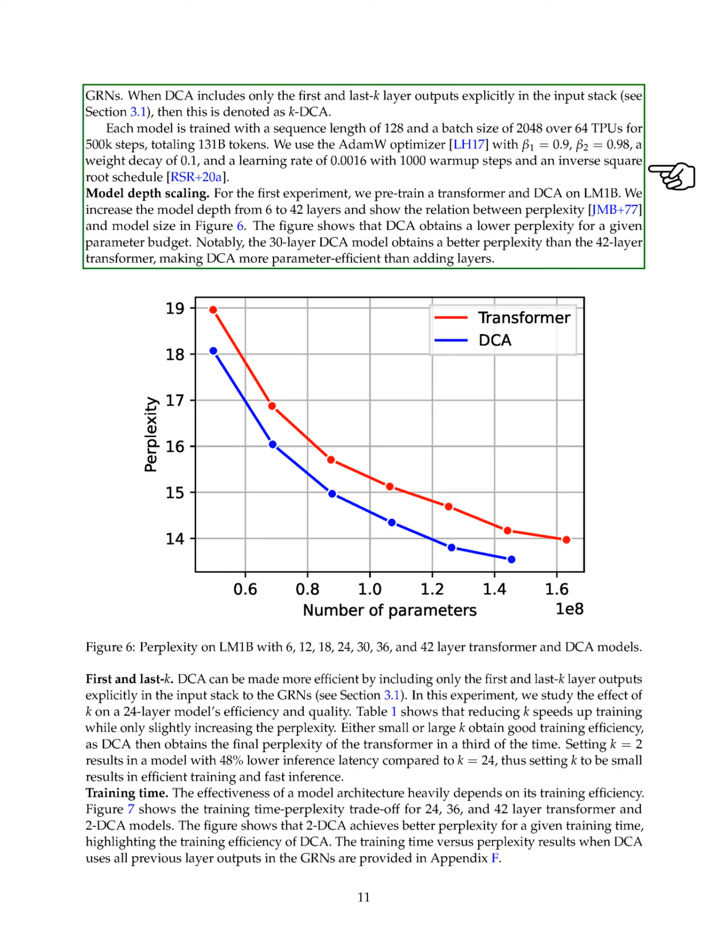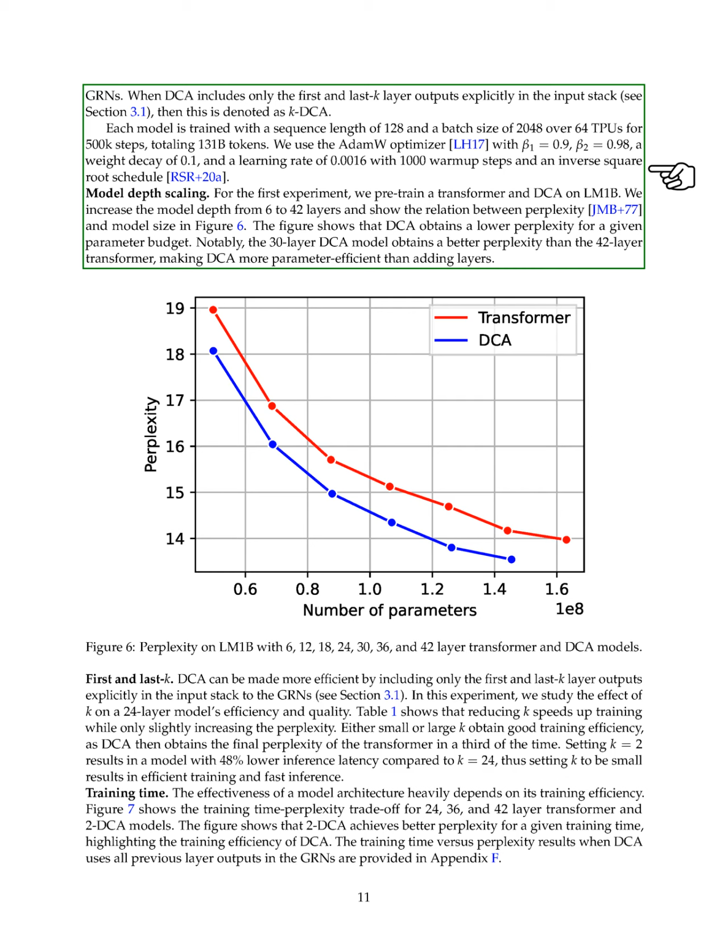Each model is trained with a sequence length of 128 and a batch size of 2048 over 64 TPUs for 500,000 steps, totaling 131 billion tokens. We utilize the AdamW optimizer with specific parameters for beta values, weight decay, learning rate, warm-up steps, and an inverse square root schedule.